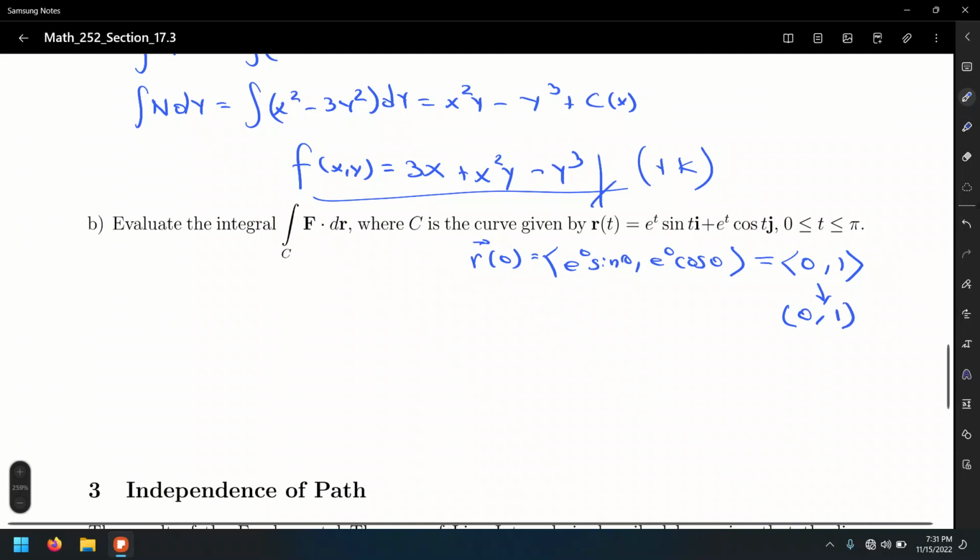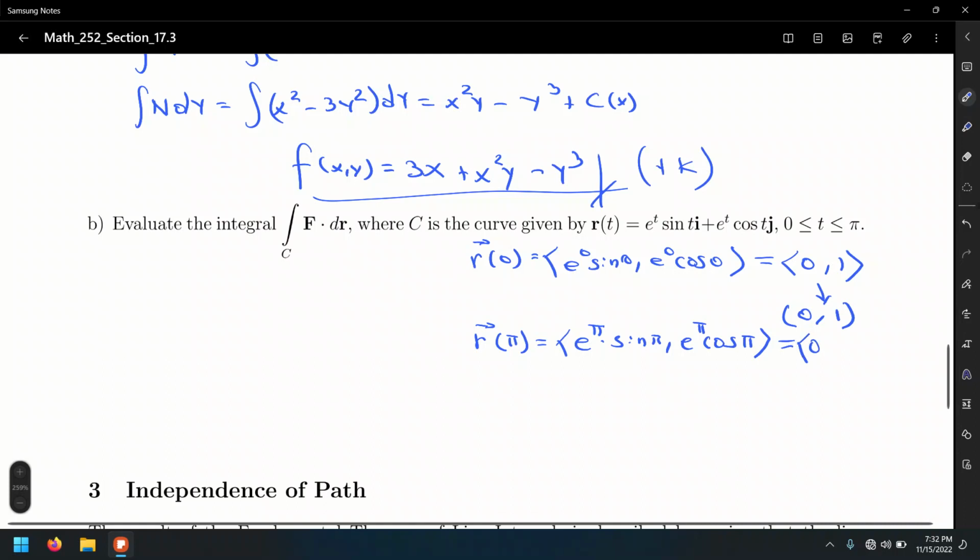And r evaluated at pi, that's going to be e to the pi sine pi, e to the pi cosine pi. Sine pi is 0, so again this is going to be a 0, and cosine pi is negative 1 times e to the pi.